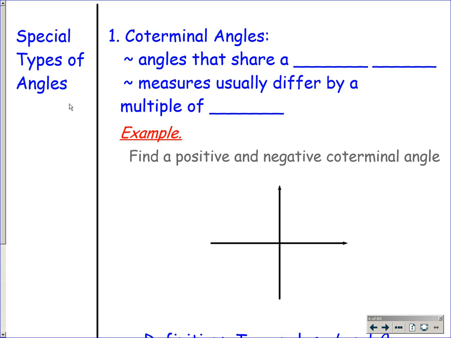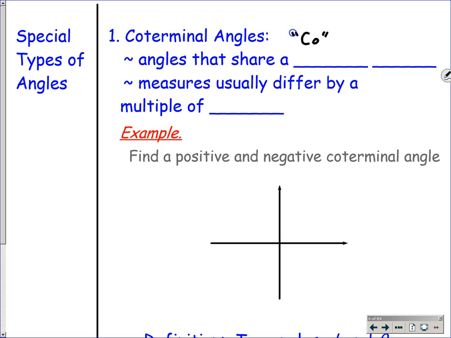Company? That's not a prefix. What does co mean? It's not to. To be with. With or together. Good. Co usually means with or together.